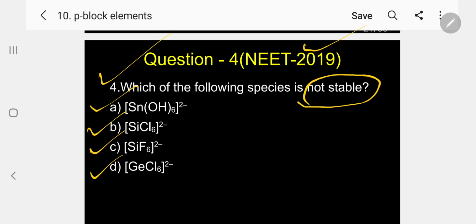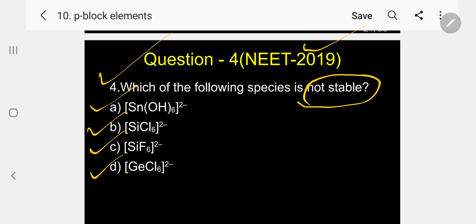This is actually a complex. So what is happening here? How can the stability be determined? Because of the size of the atom attached to the central atom, we can fix the stability.